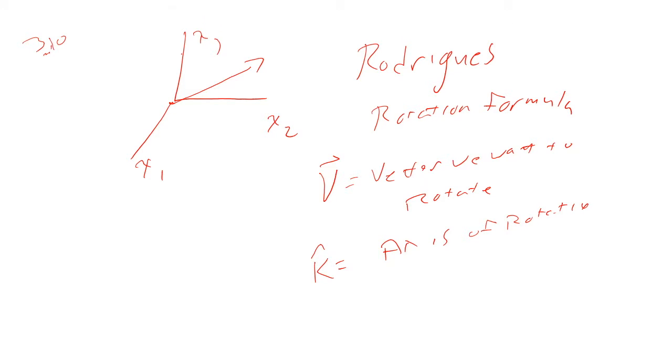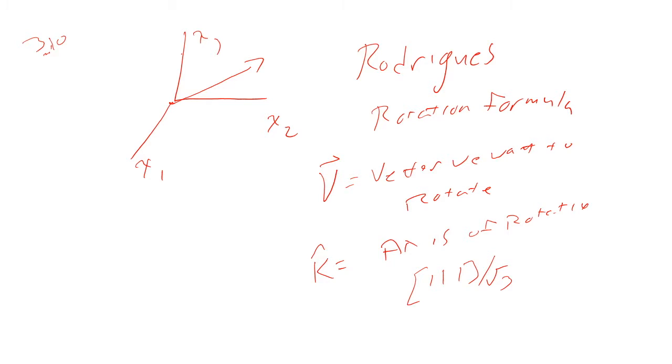So in our case, v is going to be our coordinate axes, x1, x2, and x3. k is going to be our 1, 1, 1 direction.